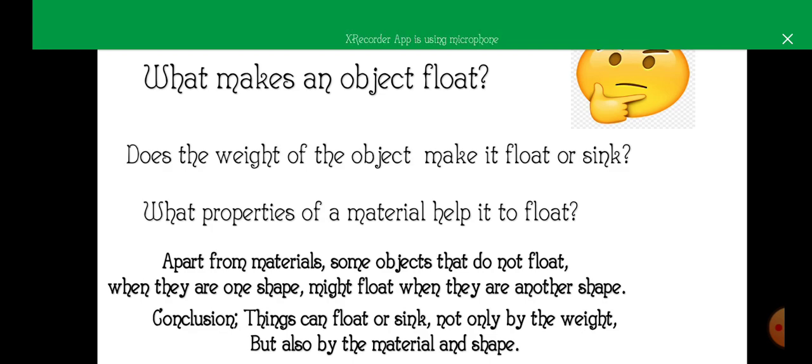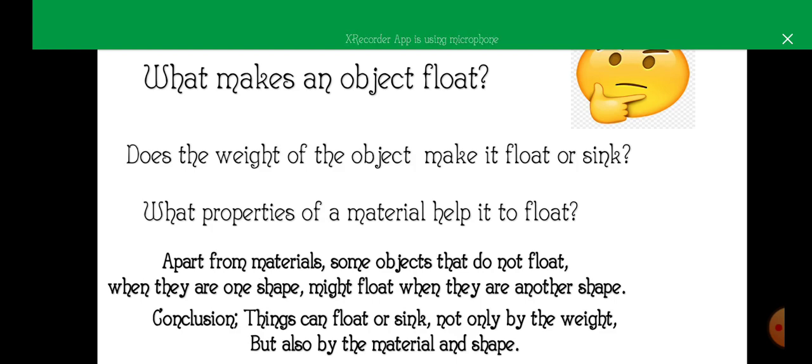And when such an object is put inside the water, it does what? Sink. So the weight of the object determines whether it will float or sink. So also the properties of the material determine whether it floats or sinks.